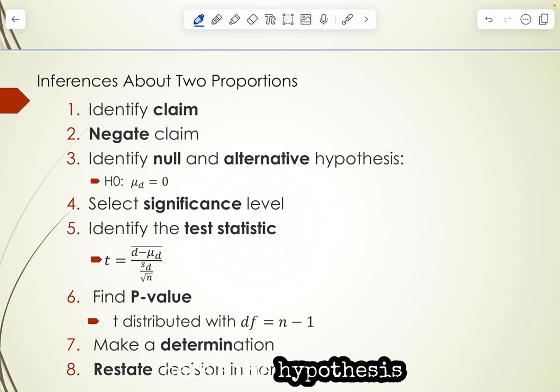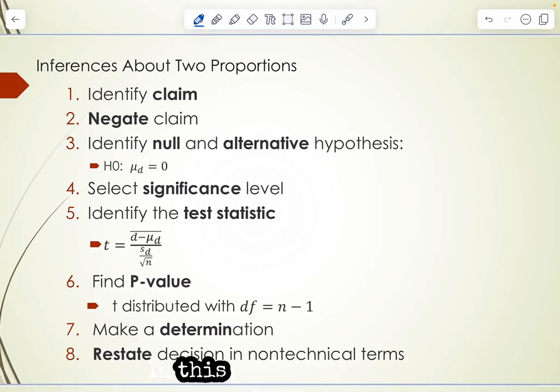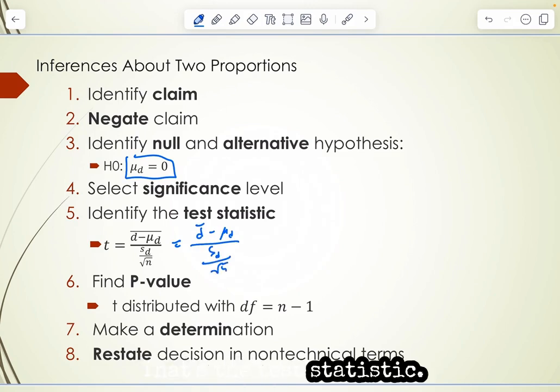Here's the hypothesis test steps. In this case, I'm going to use mu d equals 0. That's my null hypothesis, and this is (d bar minus mu d) over (s_d over square root n). That's the test statistic. It's a t-score, and the degrees of freedom is n minus 1.